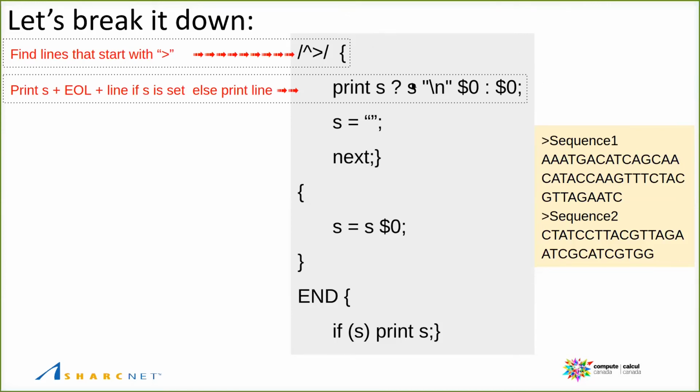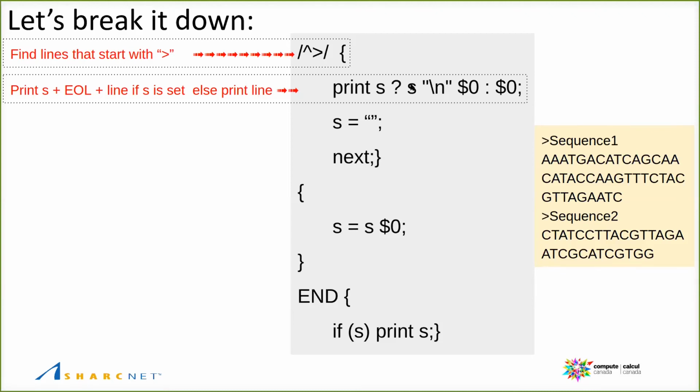What are we going to do? First is print s, and in a second I'm going to show you what s is. Print s, and an end of line character. This \n means an end of line, the character that represents that you're breaking the line right there, and then the line.